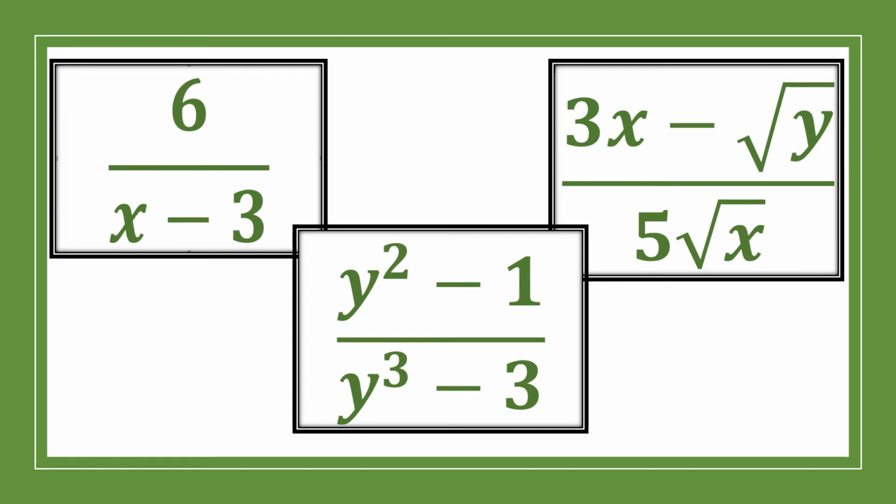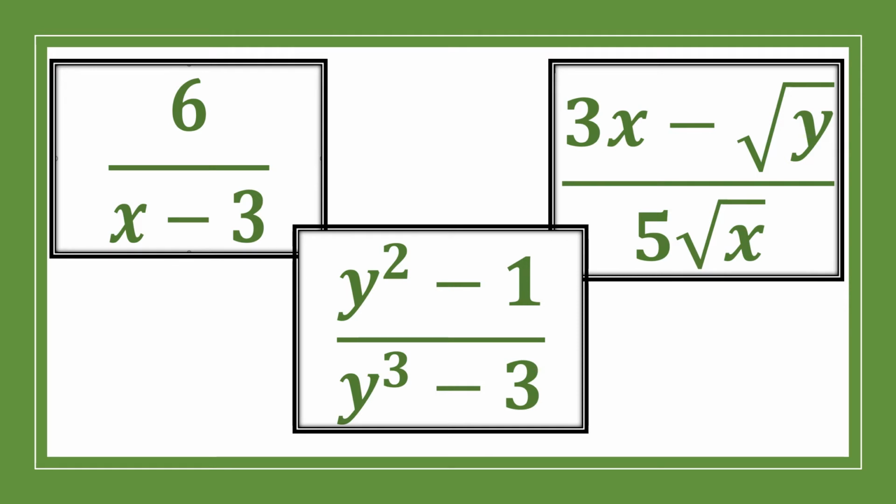So, now, let us identify. So, we have three expressions here. Now, we are going to identify kung alin dyan yung nagre-represent ng rational algebraic expression. So, ano yung rule para masabi na ang given expression is rational? So, dapat yung numerator and denominator ay parehong polynomials. And Q must not be equal to 0.